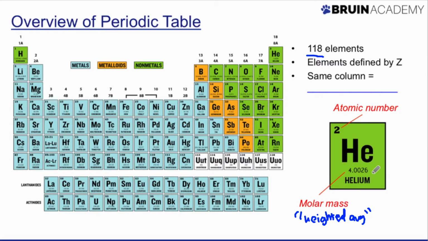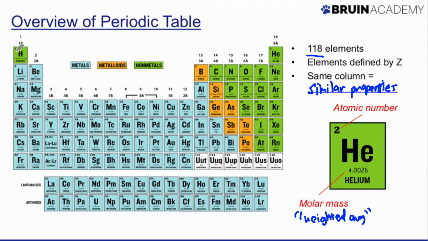Okay, another thing that's important to keep in mind for the periodic table is that elements in the same column, which we call a group, okay, so vertical columns are groups. Elements in the same group have similar chemical properties. So they have similar properties, always, okay? So it's the elements in the same column that have similar properties, not elements in the same row, all right?